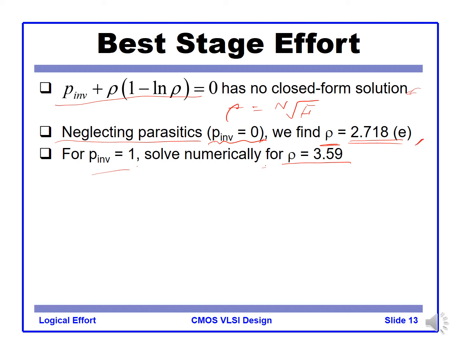What this really means is, we find the optimum path delay using G times H, right?